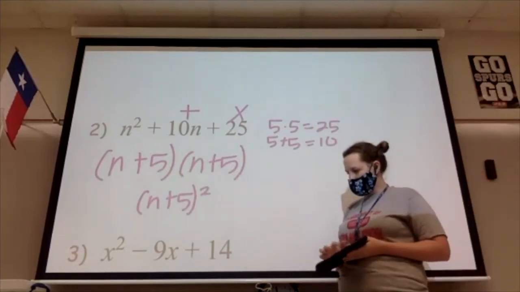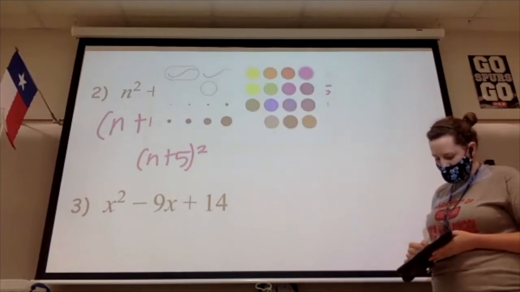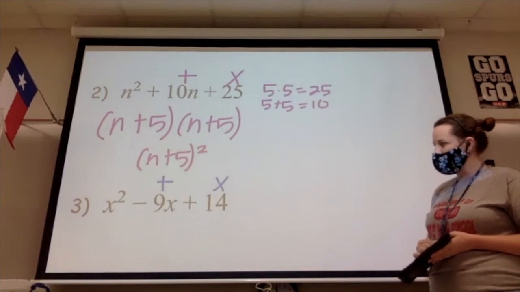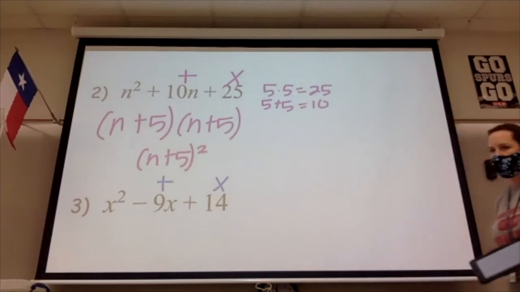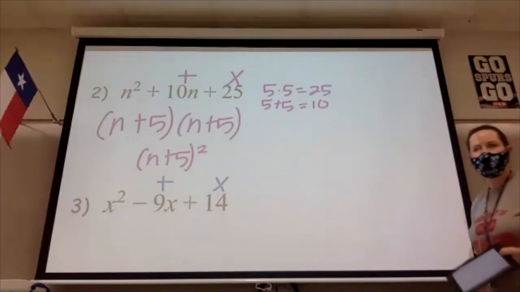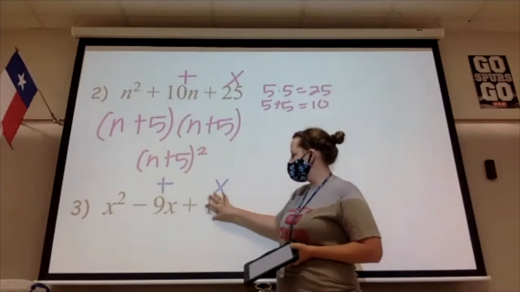Okay, this next one, x squared minus 9x plus 14. So we want it to multiply to be 14, add to be negative 9. Negative 7. You see where I'm getting? You want it to multiply to be the C value.